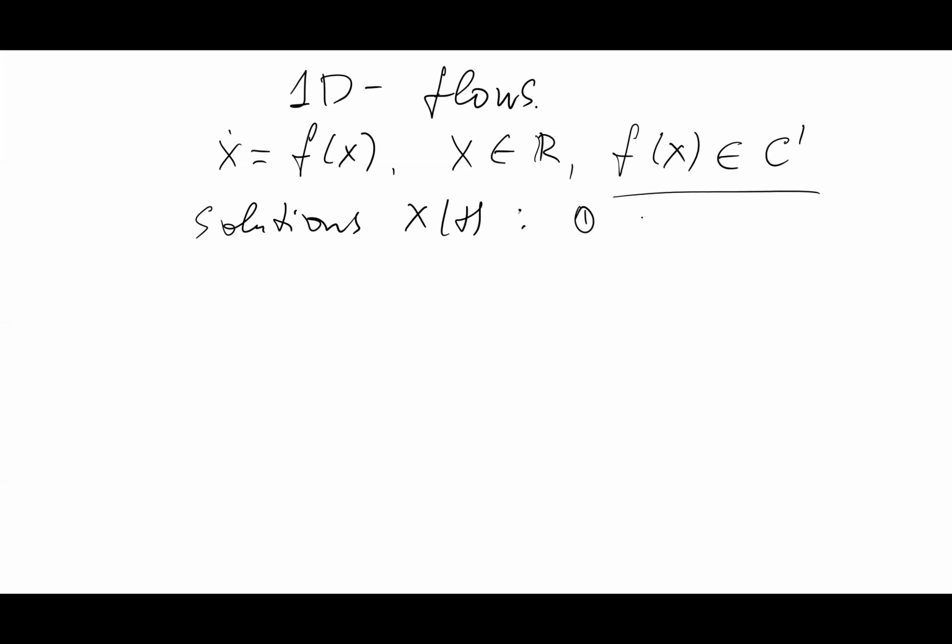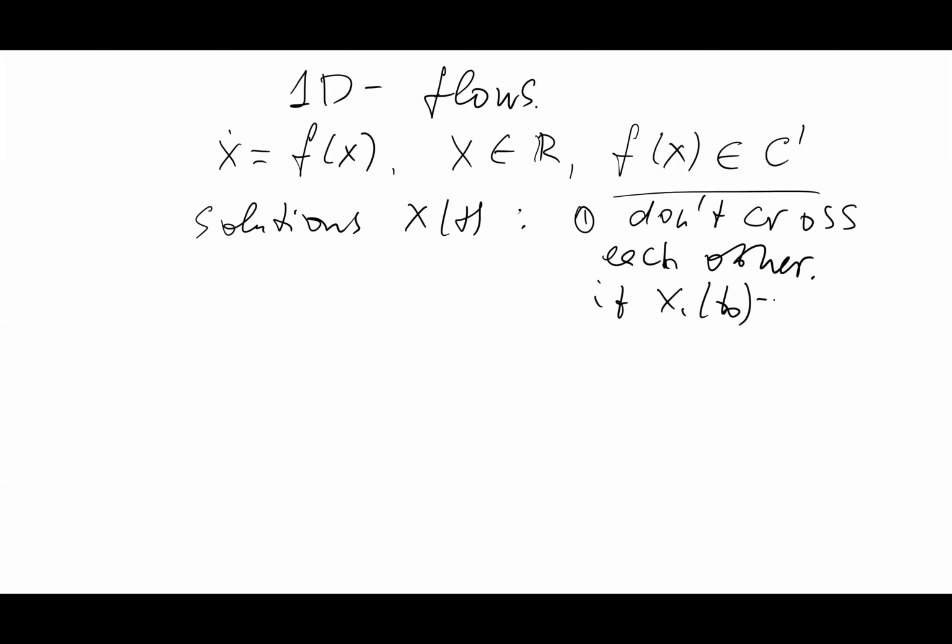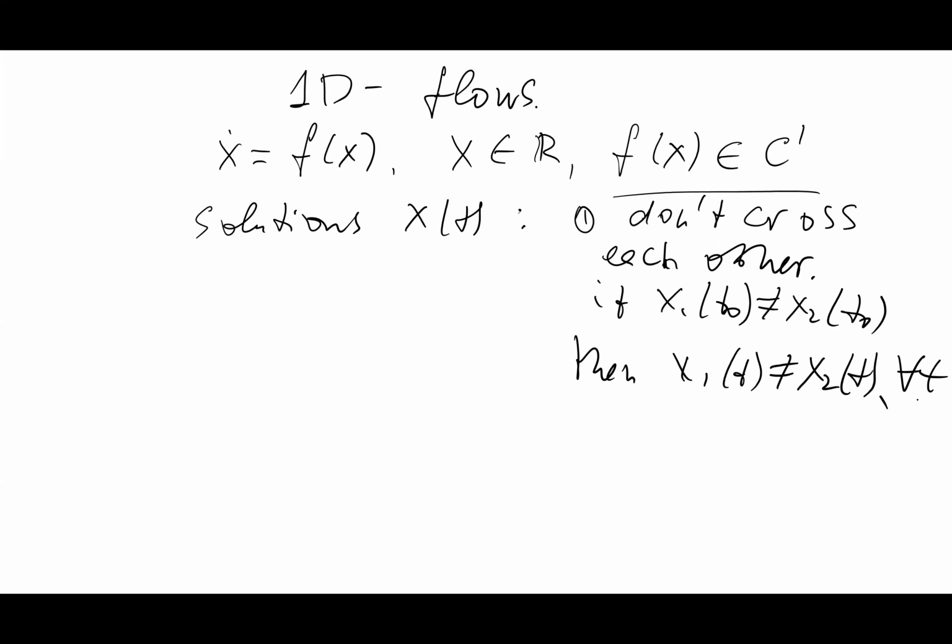First property, they don't cross each other, which means that if x1 at t naught is not equal to x2 at t naught, then x1 at t is not equal to x2 at t for any time t.